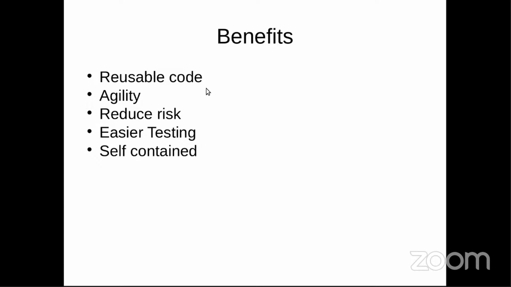And then reduced risk. When the whole project is in a single app and the app crashes at any stage, we have to build the whole app again and push it again to fix it, or whatever fixing mechanism we plan.